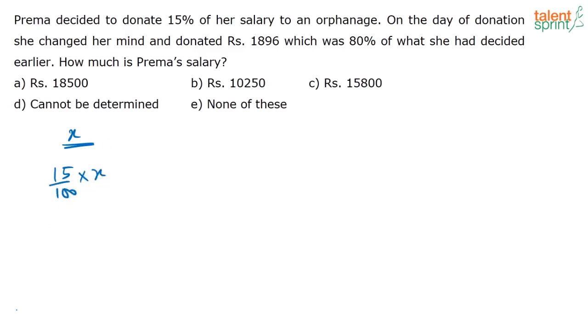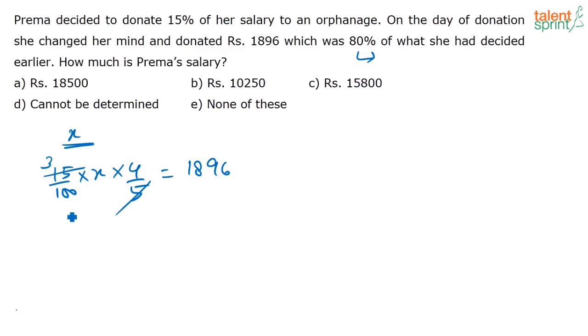Now, on the day of donation, she changed her mind and donated this amount, which is only 80% of what she decided earlier. What is 80%? 80% is nothing but 80 by 100, or that is equal to 4 by 5, correct? So she has given only 4 by 5 of what she decided, and this is equal to 1896. Solve for this, you get the answer.